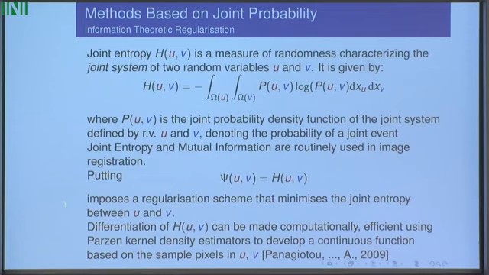You can also define a joint functional by looking at something such as this joint entropy, just defined by the joint probability of U and V, negative, and integrated over both images. So the idea then is that the regularization is such that we want to reconstruct an image which has the minimum joint entropy.